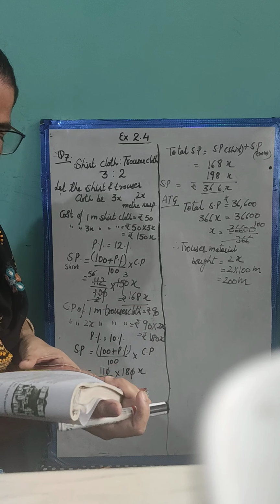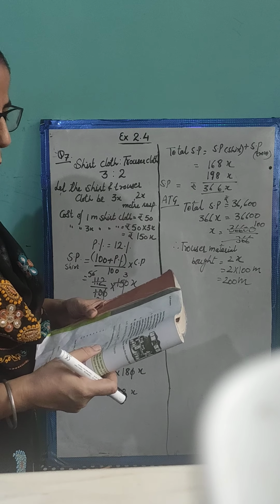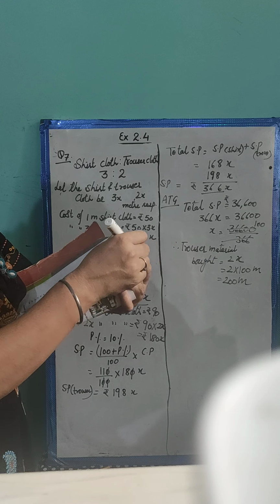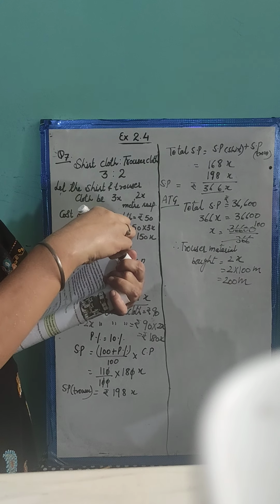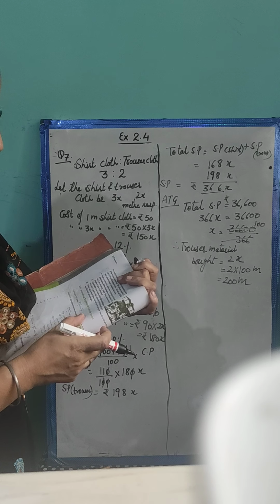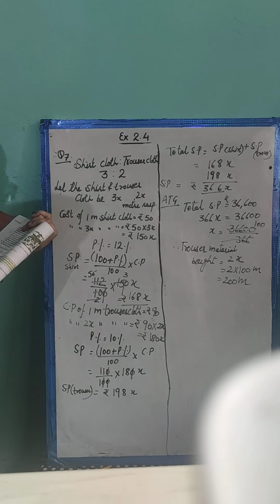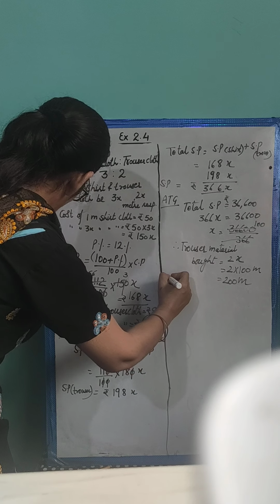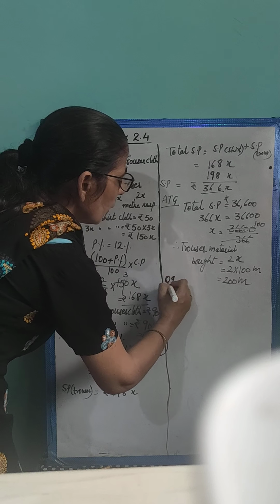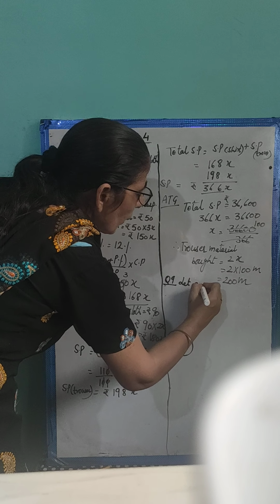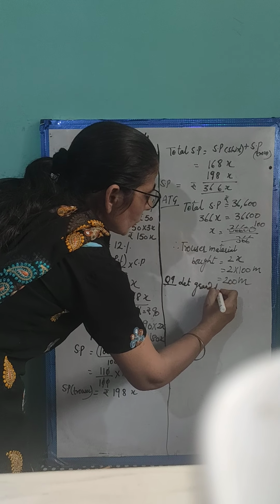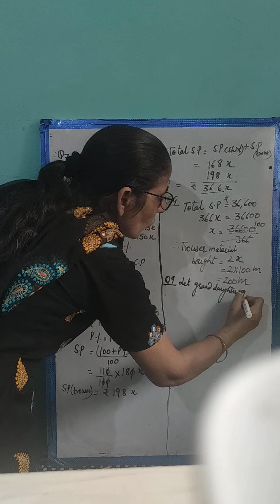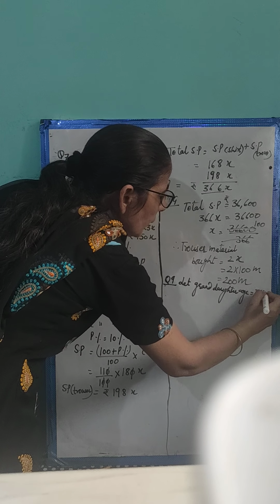Understood this question? Now, can we do question number 9? It is very easy. Question number 9 is, a grandfather is 10 times older than his granddaughter. So, let the age of granddaughter be x years.